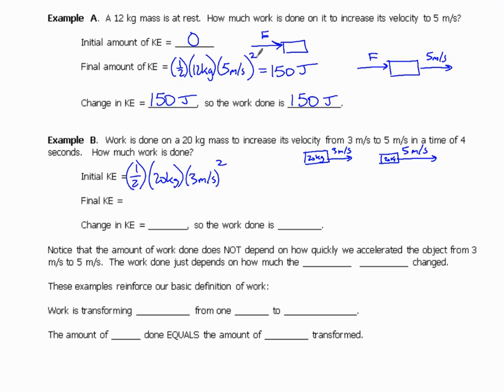Should be on the outside. So the initial amount of kinetic energy is 90 joules. The final kinetic energy, 1/2 times the mass, which is still 20, and now the speed is 5 meters per second, quantity squared, and this is 250.